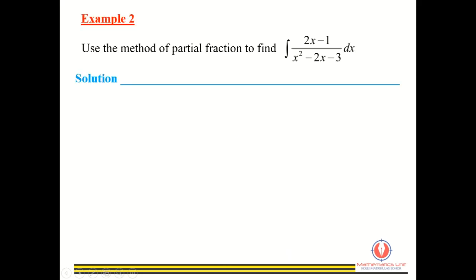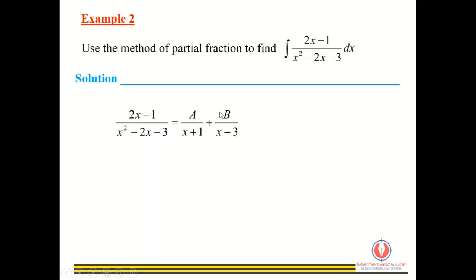Okay, second example. Use the method of partial fractions to find the integral of 2x minus 1 over x squared minus 2x minus 3. The denominator can be factorized, so we get x plus 1 and x minus 3.